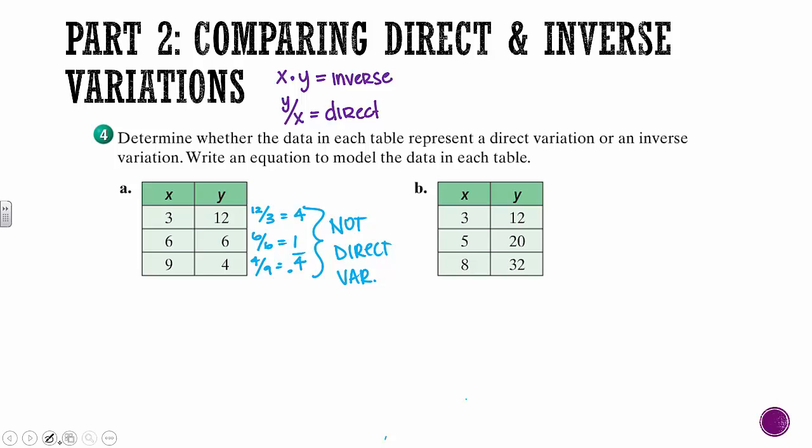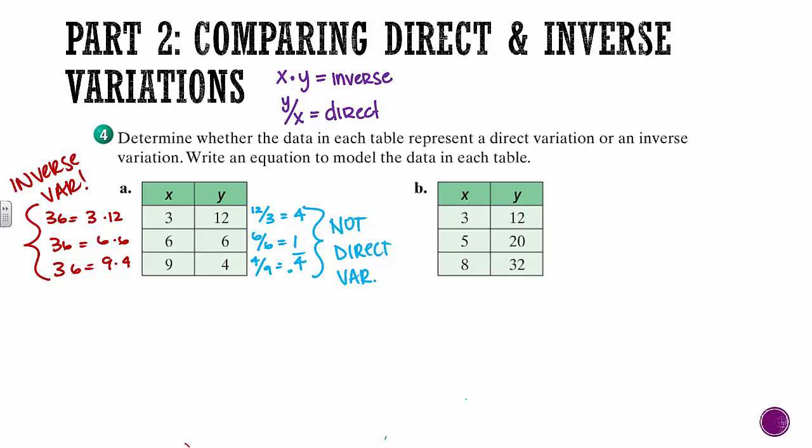So now let's check inverse variation. Multiply them together. 3 times 12 gives me 36. 6 times 6 gives me 36. And 9 times 4 gives me 36. So this being all the same means that it's inverse variation.